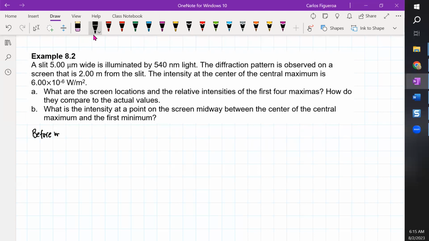Before we answer these questions, let's get the details of the diffraction pattern.